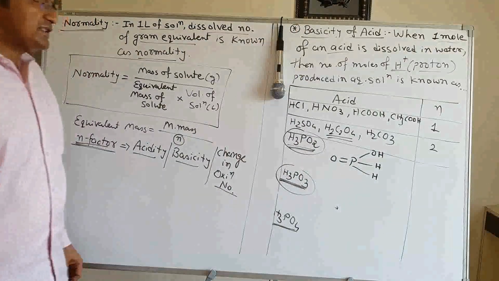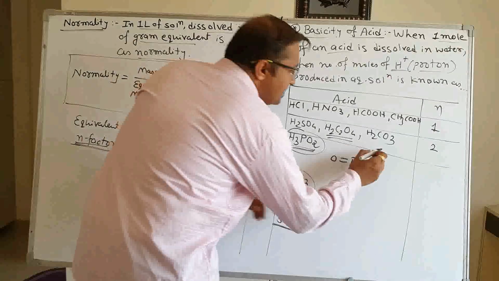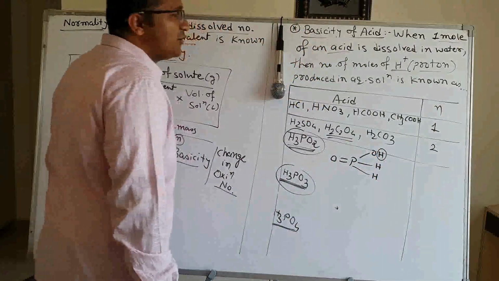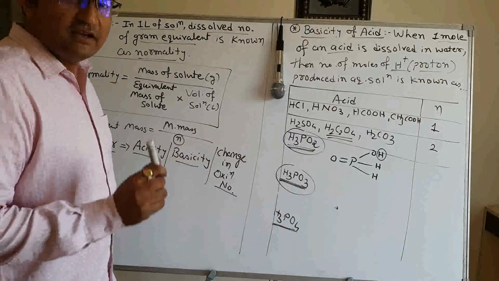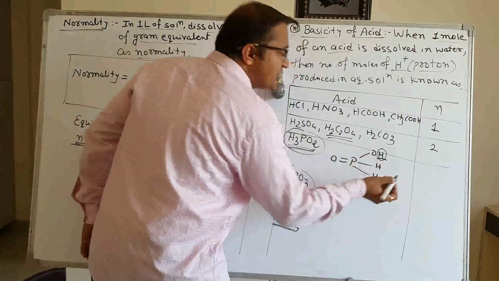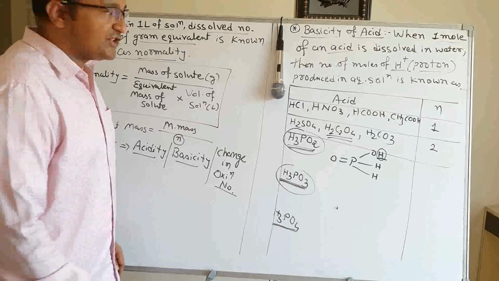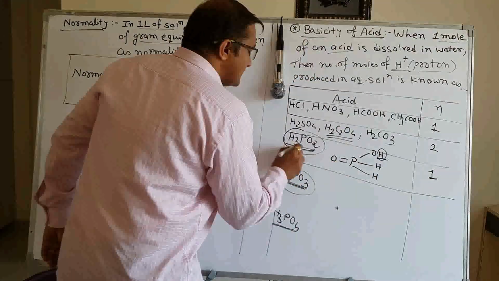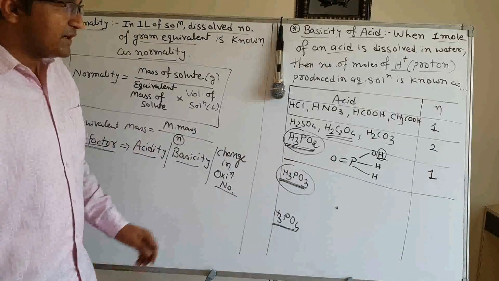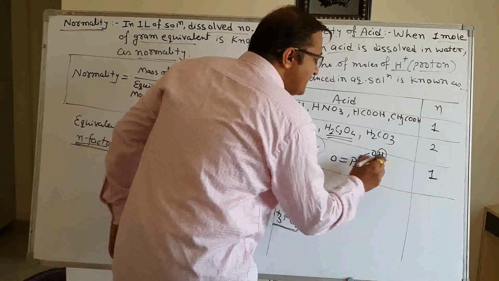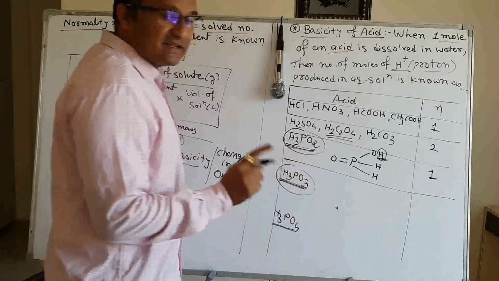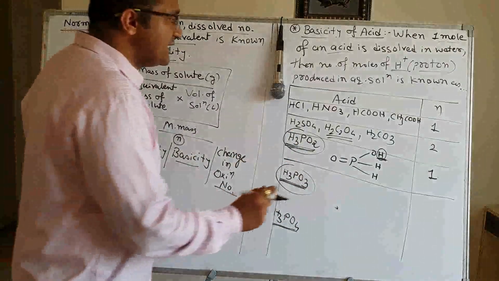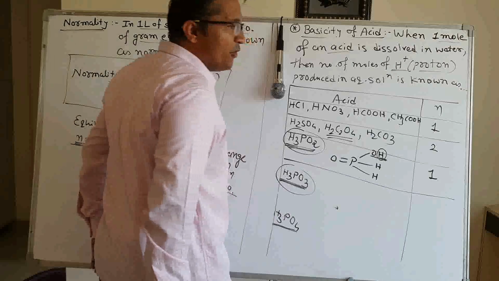In the formula of H3PO2, there will be only one hydrogen which is attached with oxygen, so that this hydrogen will be released as H plus. So its basicity is 1. So physically there are 3 hydrogen atoms, but here only one hydrogen will be released as H plus, and the reason for it is this OH bond is a polar bond.